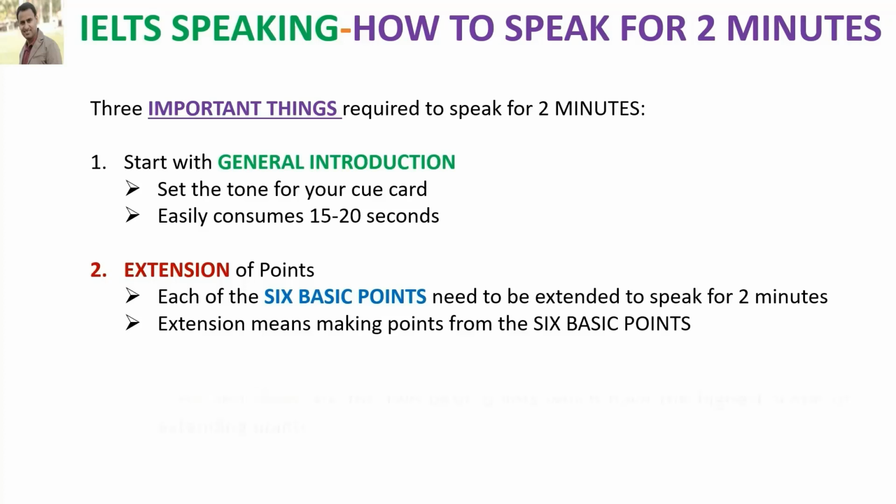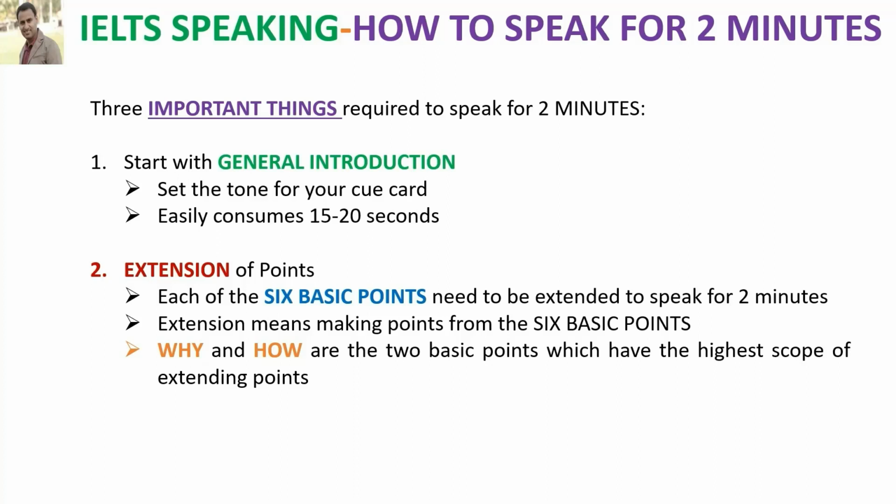And as we mentioned earlier, why and how are the two basic points on which you can make most of the extra points. And finally, closing points, which would generally express your overall experience of the main topic of the cue card, or something you learned and will do in future.